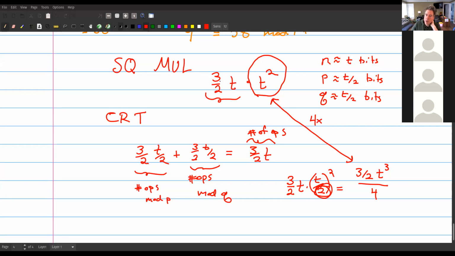This is 3/2 t cubed, and this is 3/2 t cubed over 4. So theoretically, you get a 4 times speed up here. This assumes that multiplication is a t squared operation, which I've always found confusing that they make that assumption here, because I think that multiplication can be done in like t to the 1.4 or something, which makes this a little bit less good. And personally, I've never been able to experimentally achieve a 4 times speed up.